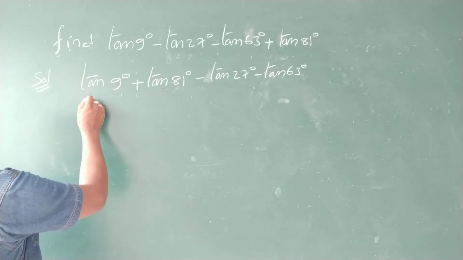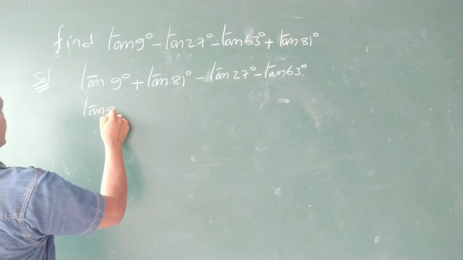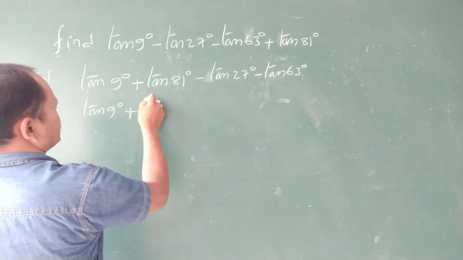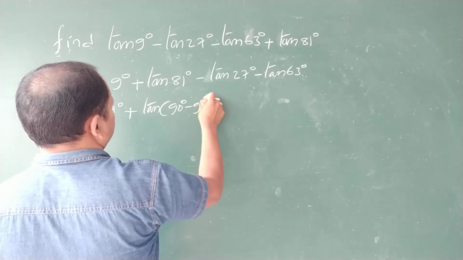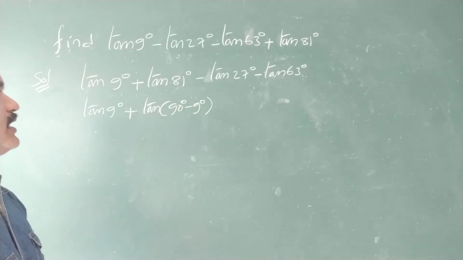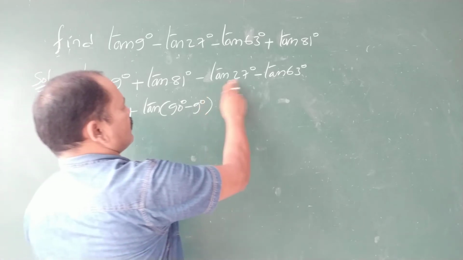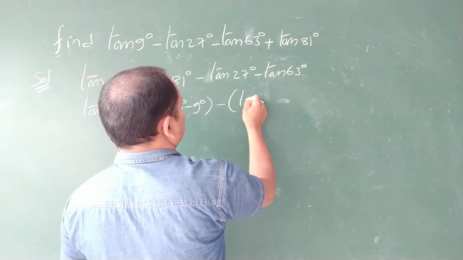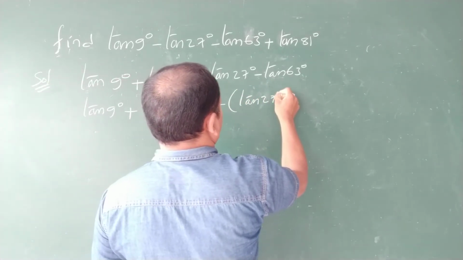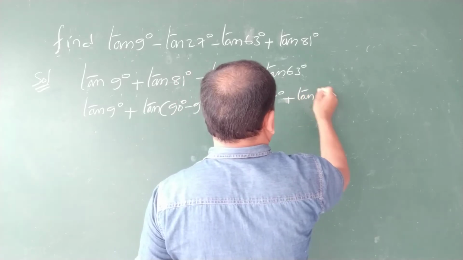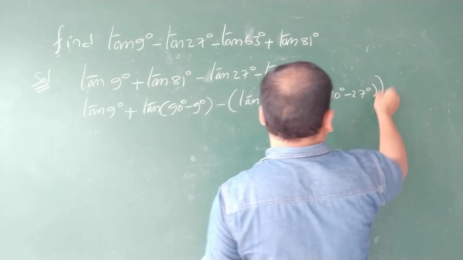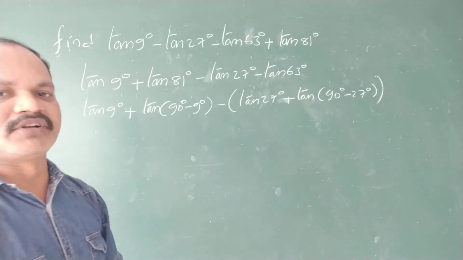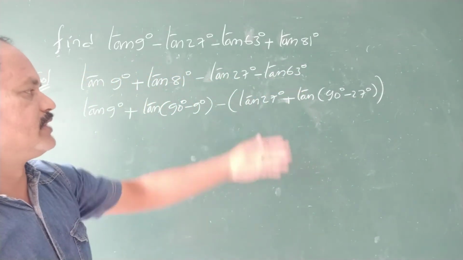Now this is nothing but tan 9 degrees plus tan 90 minus 9 degrees, since 81 is nothing but 90 minus 9. Take common minus from this: tan 27 degrees plus tan 90 minus 27 degrees, since 63 is nothing but 90 minus 27.